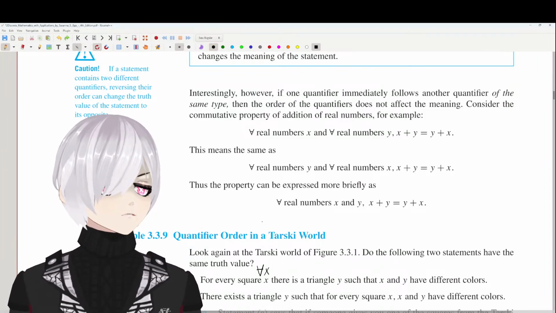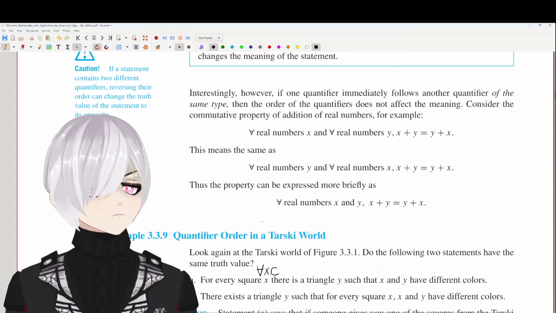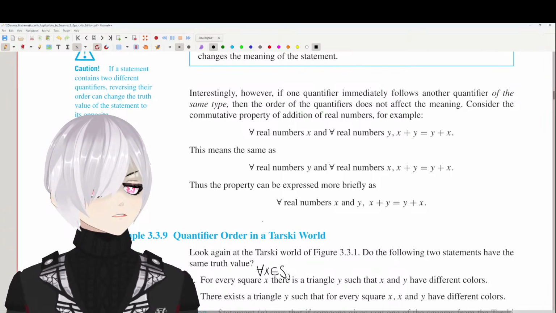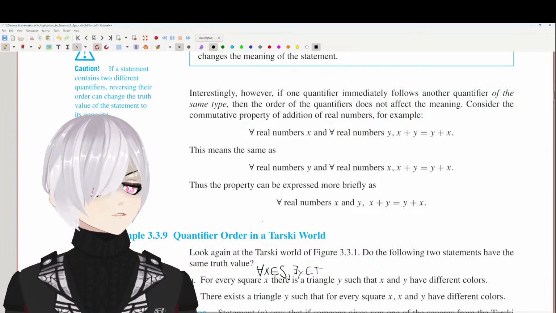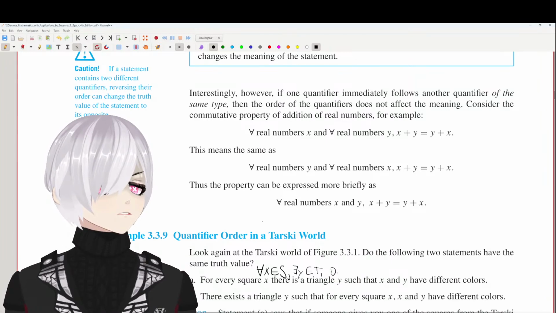For every x in S, there exists a triangle y such that x and y have different colors.